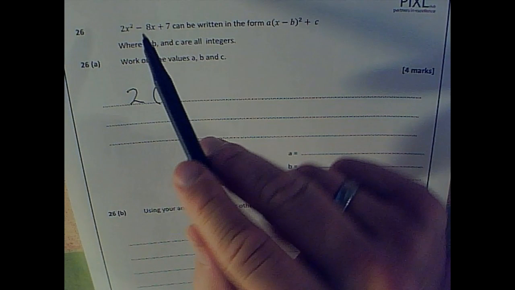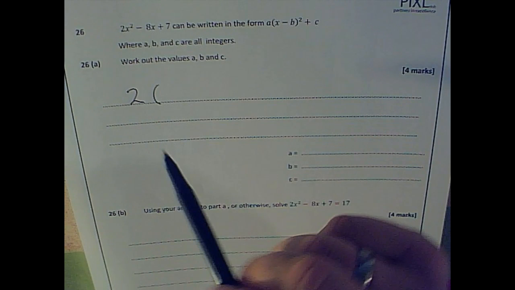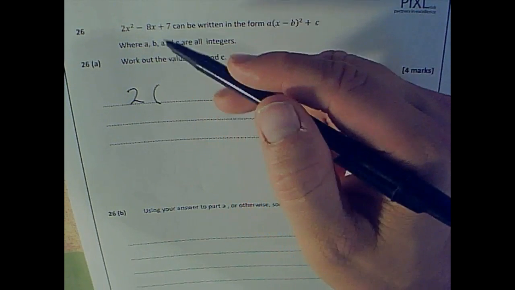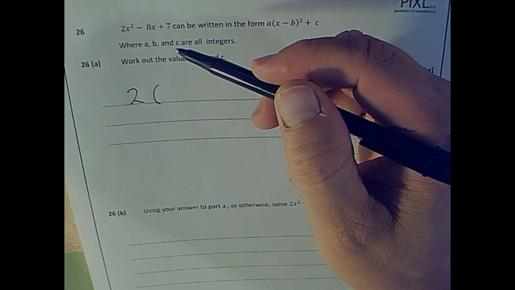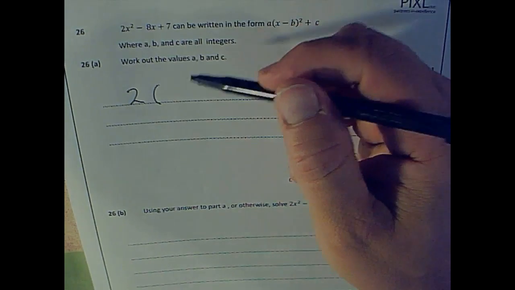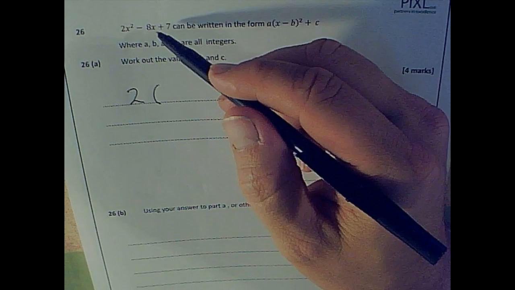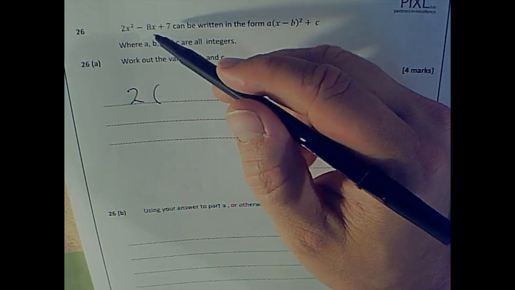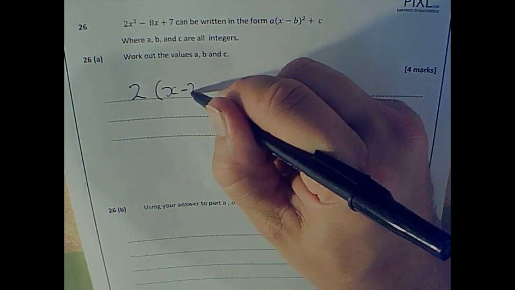Normally with completing the square, this would be x minus 4, because when I square x minus 4, I'll get x squared minus 8x, then plus 16. But once I times that all by 2, I'll end up with minus 16x. So instead, it's got to be x minus 2.